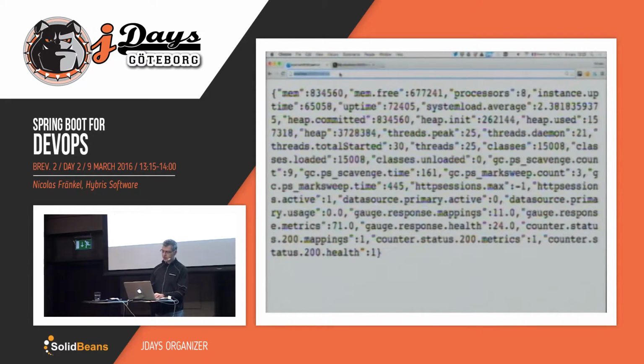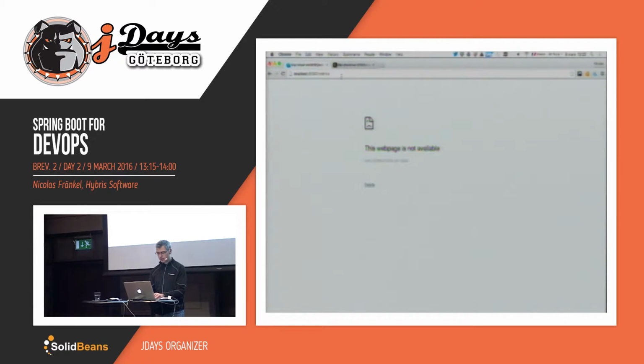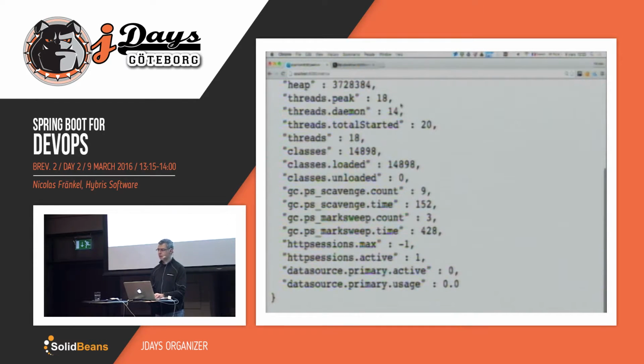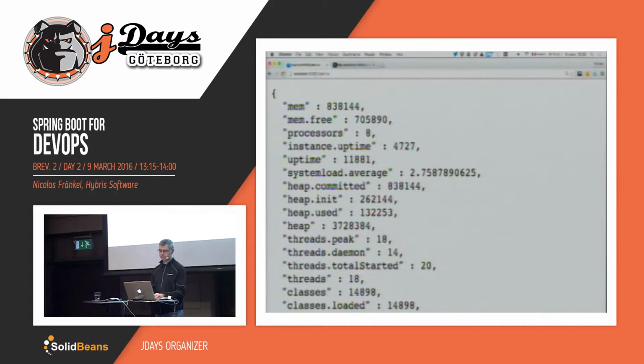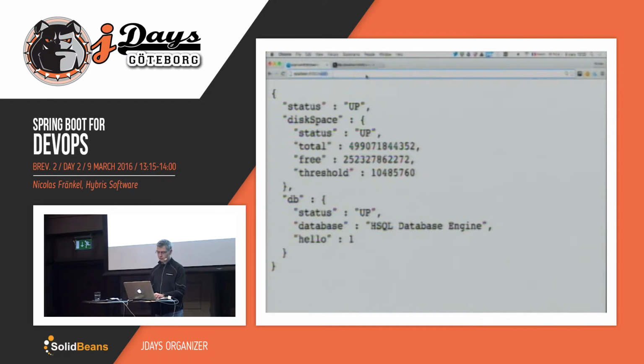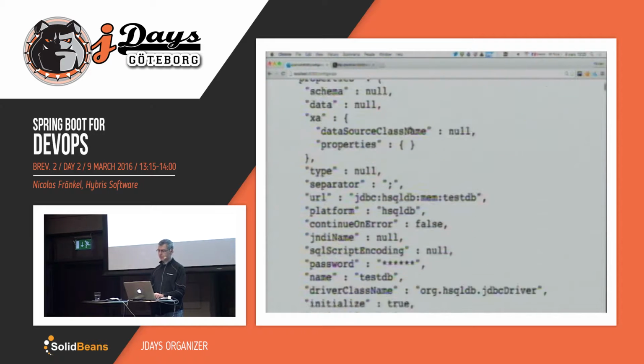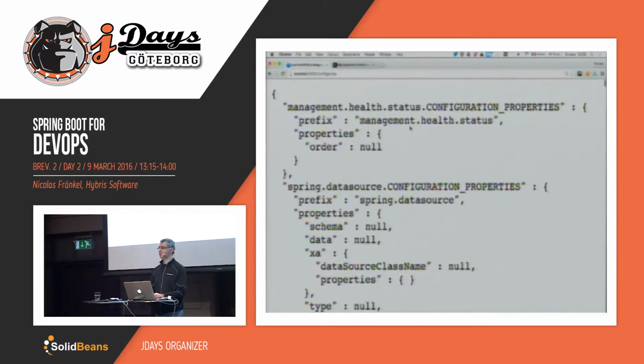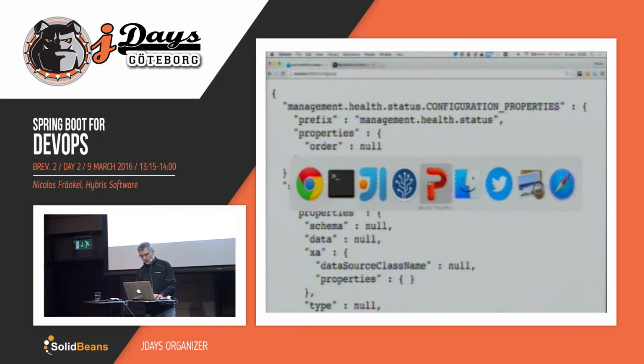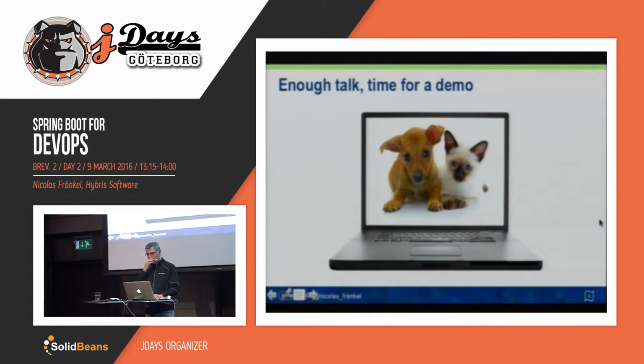Just by adding this property, much better, right? I don't remember the name of the endpoint. Config props. Okay, so I have everything here. Again, if you remember one thing, it is to just add the actuator dependency. It's really great.